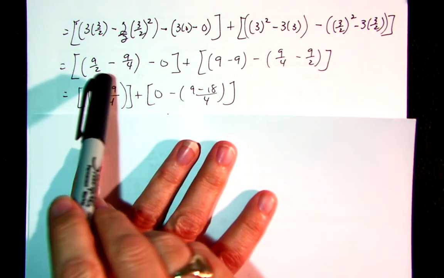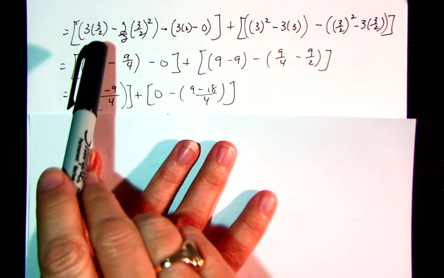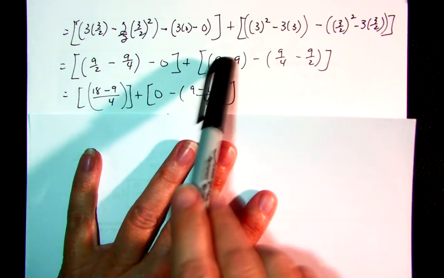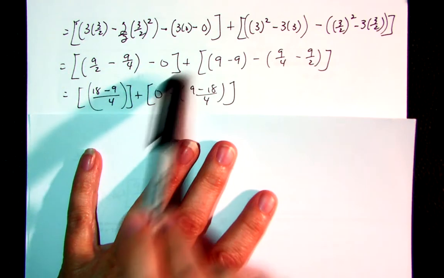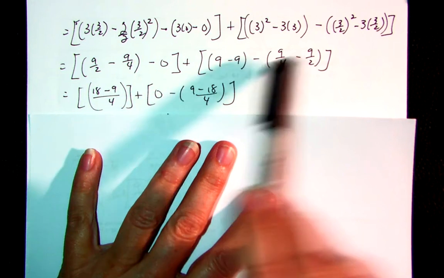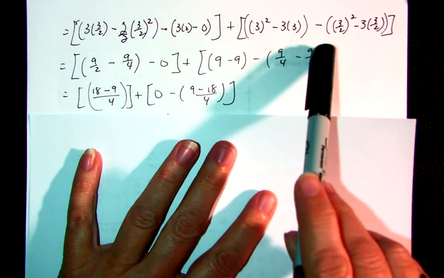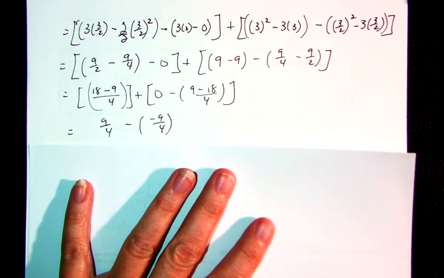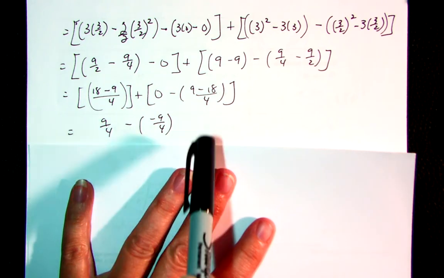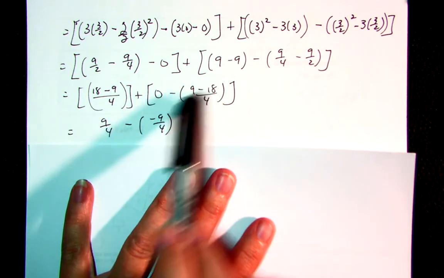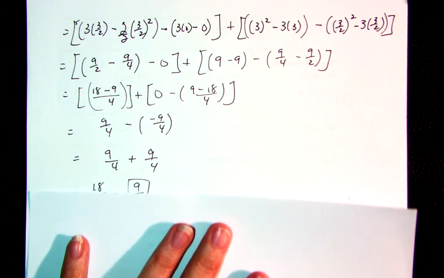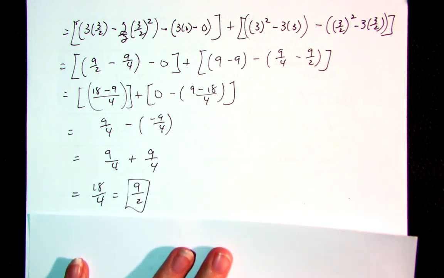So I went ahead and multiplied that by 2 over 2, so that's 18 minus 9/4, plus, I put that there to make sure I could still see that negative. Multiply this by 2 over 2, so that's 9 minus 18/4. So that is 9/4 minus my negative 9 over 4, which is 9/4 plus 9/4, which is 18/4, which simplifies to 9/2.